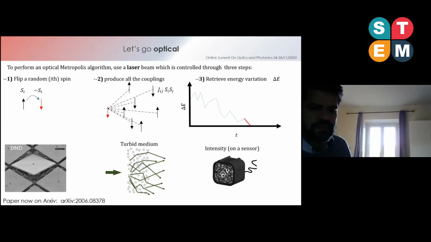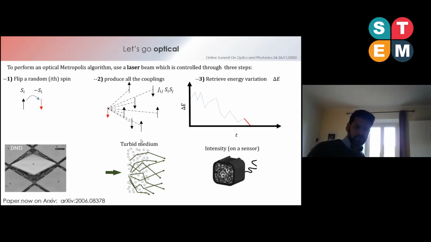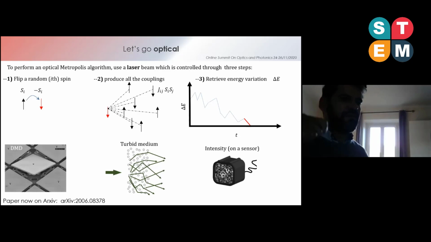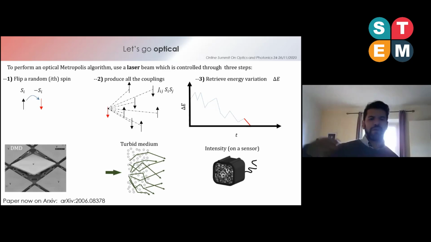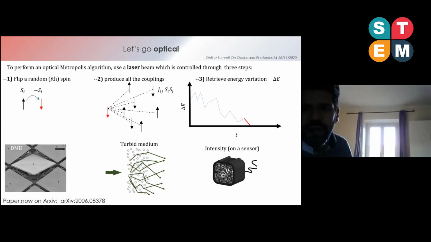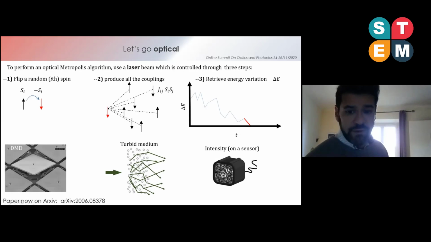Then each light ray goes through a turbid medium, and so each light ray is dephased and attenuated by a random amount. Then you retrieve the energy variation by looking at a camera on a given pattern, so in a given point.